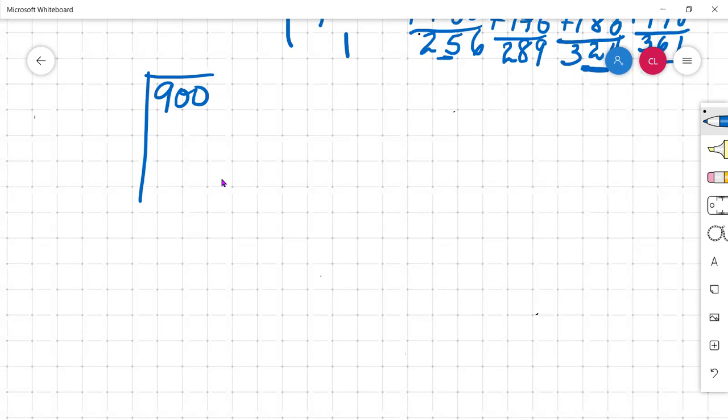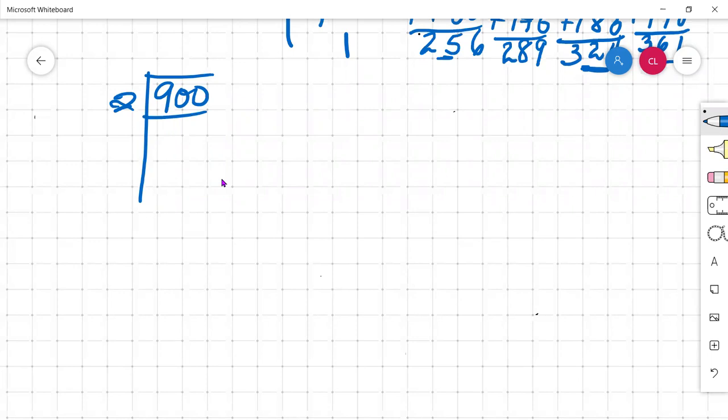Anybody? 2. Well, yes. 2 can go in there. All right, I didn't want to use 2, but all right, fine. 2 can go into this how many times? If I have 900 and I break it into 2 equal parts, what do I get? 450. Very good, 450.